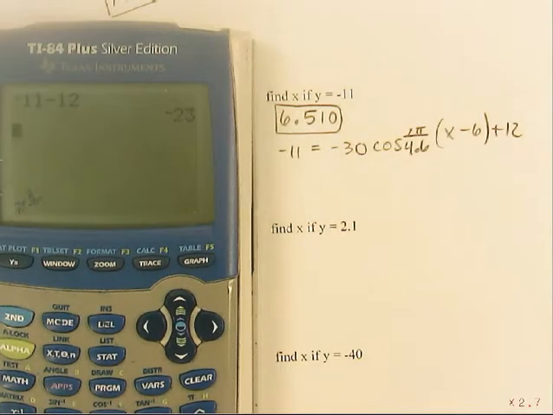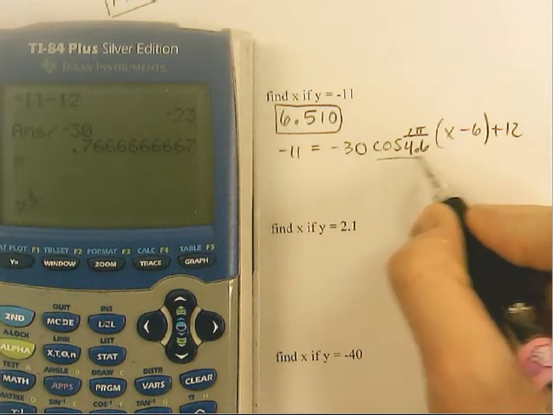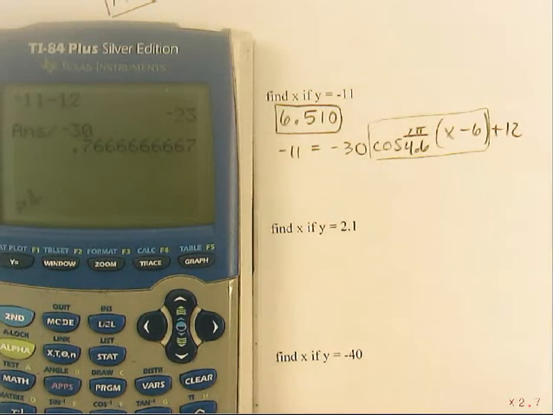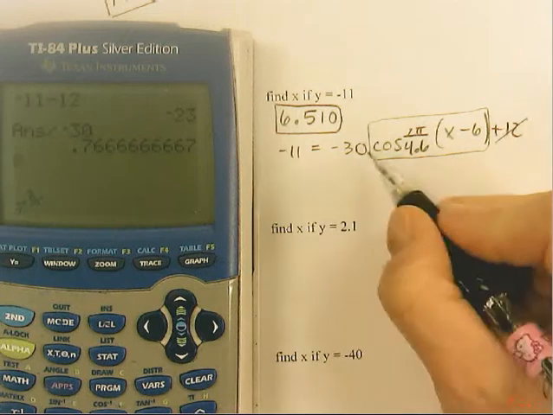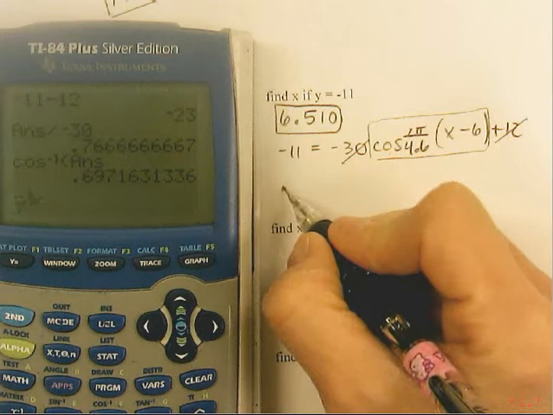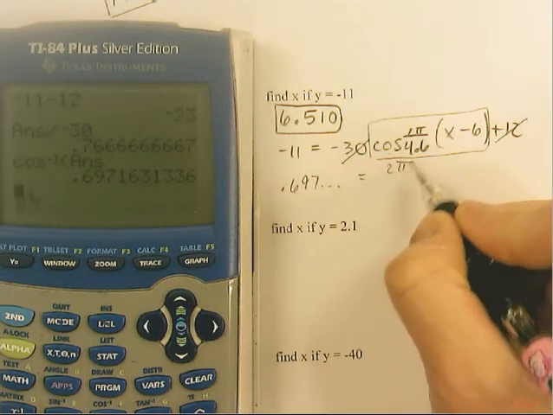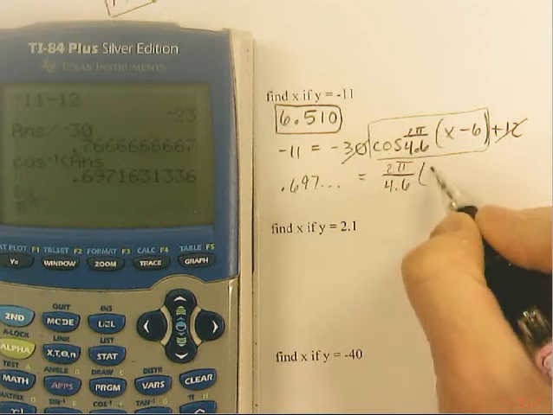I'm going to divide by negative 30. Okay, so that's equal to this guy right here. So I got rid of these guys. Now I'm going to take the cosine inverse of my answer. Just 0.697 dot dot dot, that equals 2 pi over 4.6 times x minus 6.